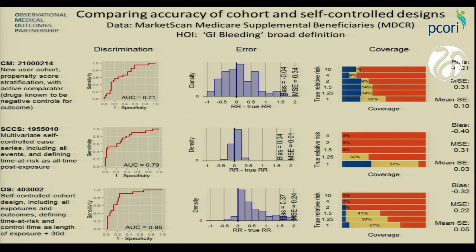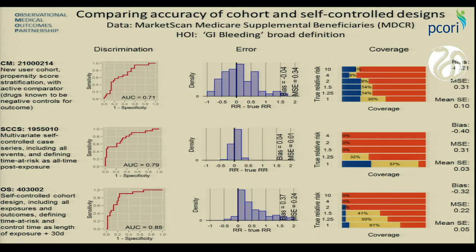So one of the things we've been working on is trying to think about how we can gain information from these empirical studies to provide the context for interpreting a result. What I'm showing you here, just to orient you, is a methods dashboard to give us a sense of all of those performance measures. Every row here is a different method. From top to bottom, I'm showing you the results of a new user cohort design, a self-controlled design, and a self-controlled cohort design.